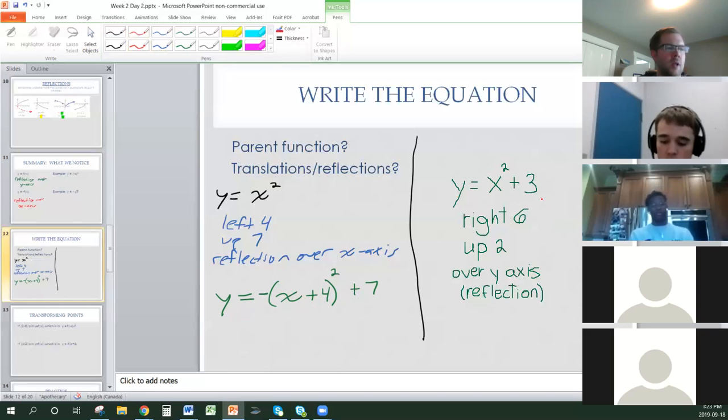So in this second one, if we just deal with the translations first, you'll notice that this is already being moved up 3. So in other words, it's moving up 3, and then we're going to be moving it up 2 more. So that means it's moving up 5 altogether.